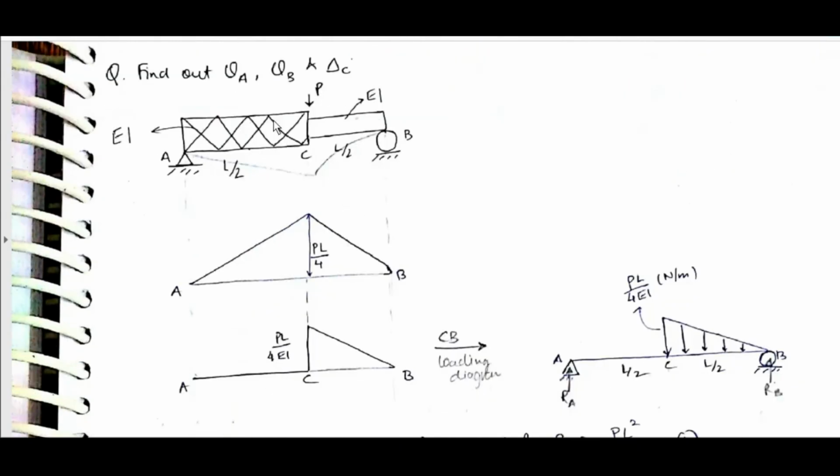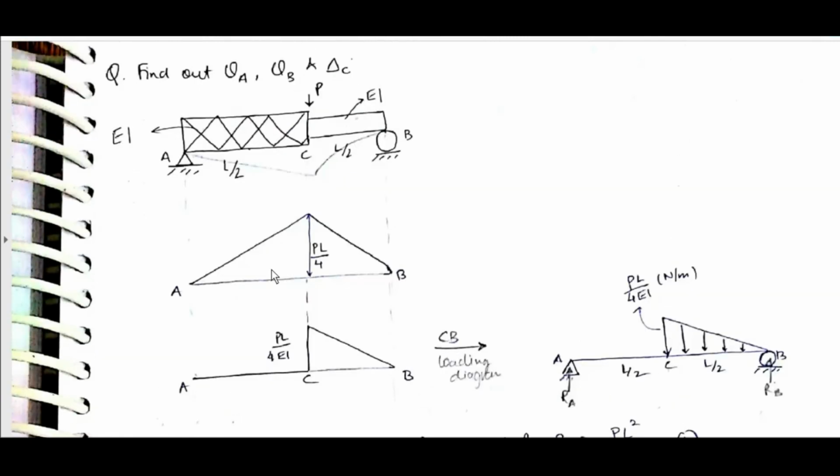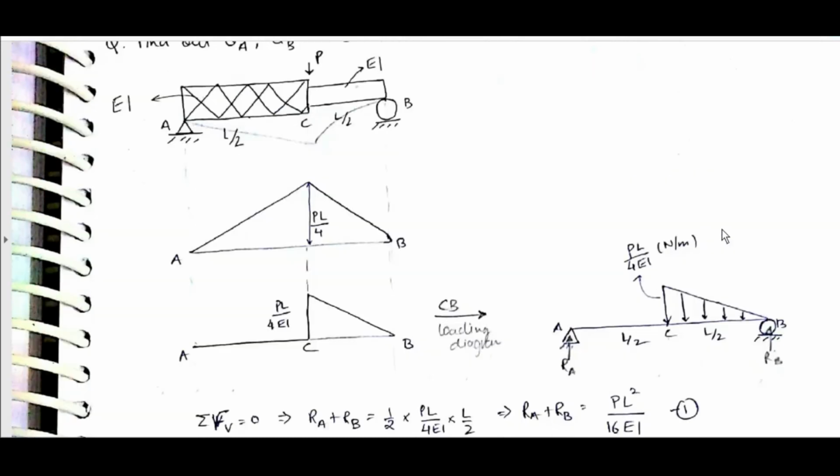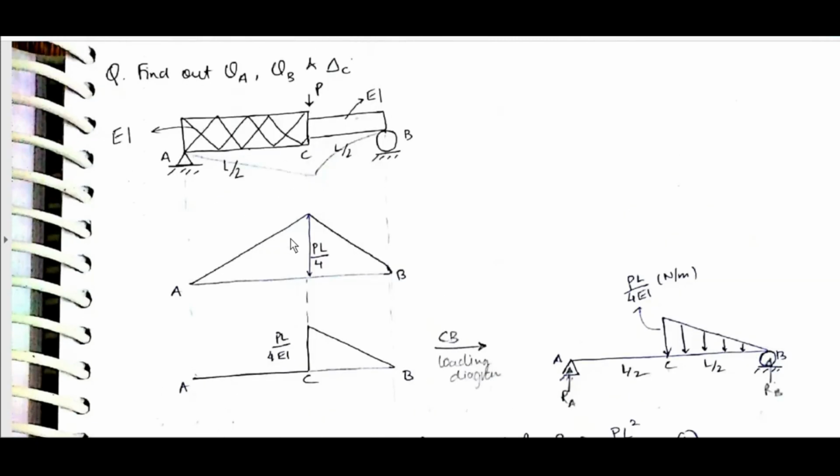Find out theta A, theta B, and delta C. This is EI, this is EI, PL by 4 EI. Okay, this is the loading diagram of the conjugate beam. Supports will be the same, R_A, R_B. Sigma F_V is equal to 0.